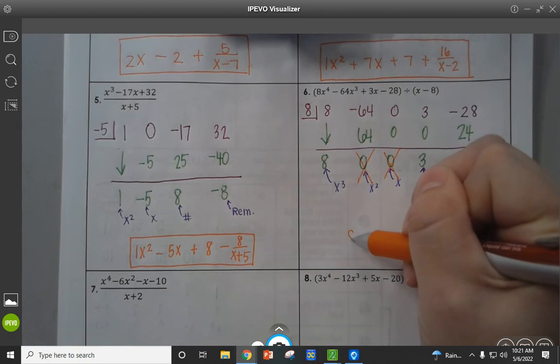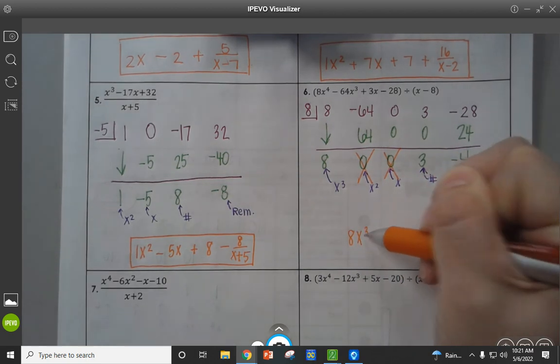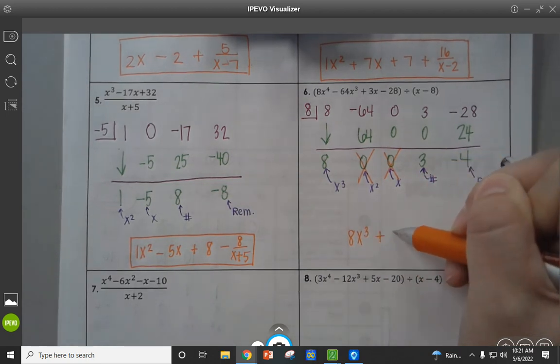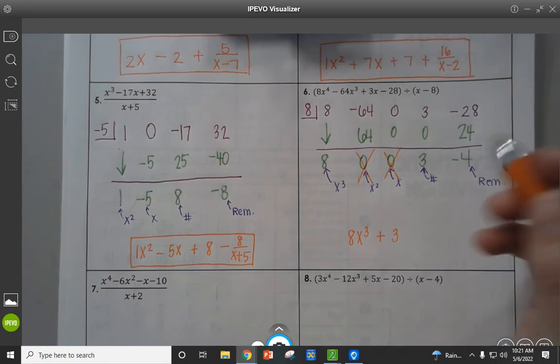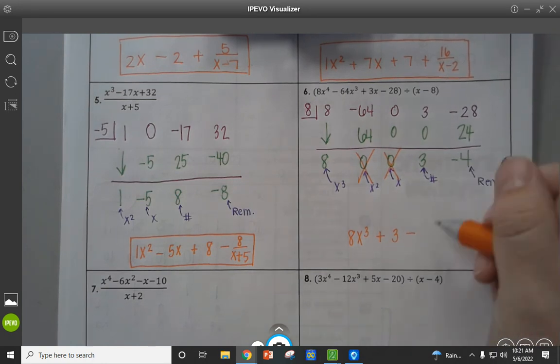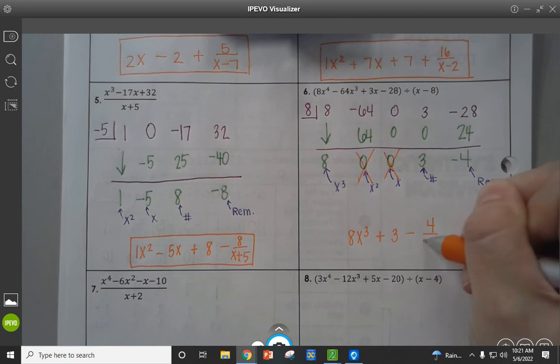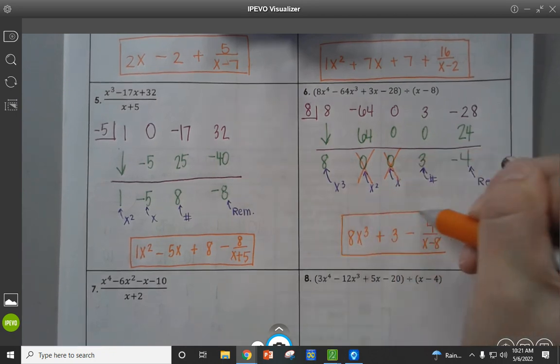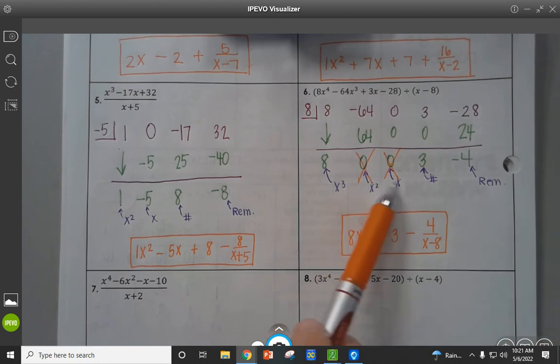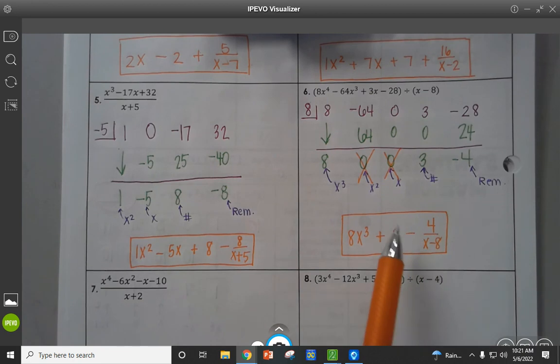So this one is 8x cubed plus 3, because that one's just a plain number, minus 4 over x minus 8. So we don't have to write x to the second? We don't write anything that has a 0 with it. Because if you put x squared, that would really be 1x squared, not 0x squared.